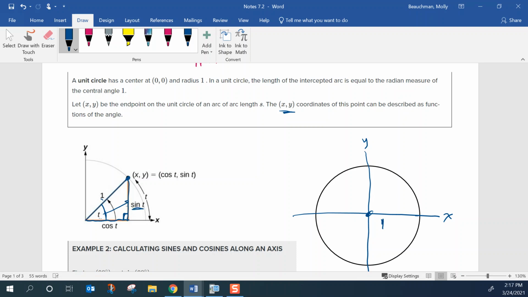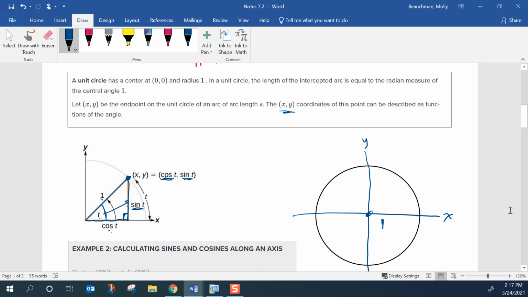So the opposite side in the unit circle is going to be the sine. Then the cosine is adjacent over hypotenuse, so it's cosine t over 1. So that means for any coordinate xy on the unit circle, the x-coordinate is the cosine of the angle, and the y-coordinate is the sine of the angle in standard position.